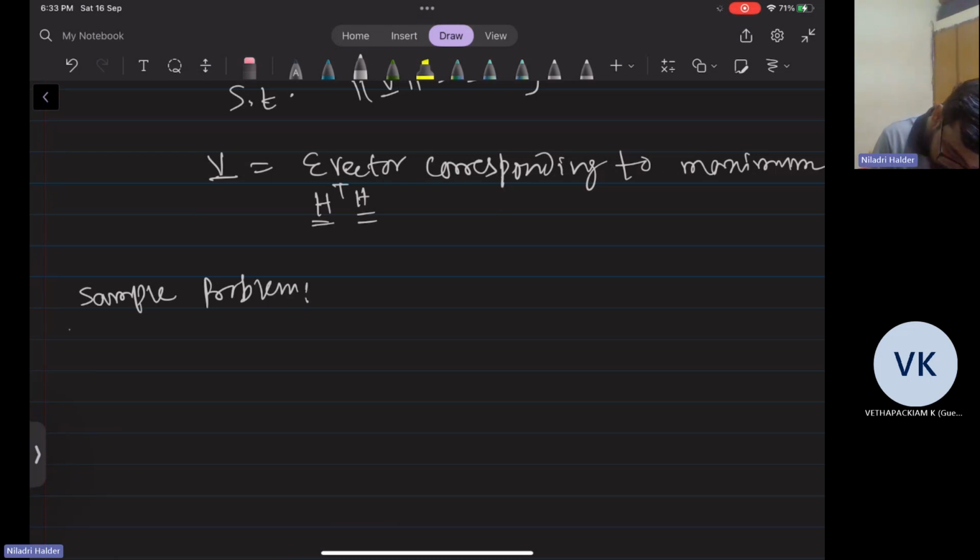So the sample problems: what you have said, how to find out the pseudo inverse of a pilot matrix. What is the question? Let's take a pilot matrix.